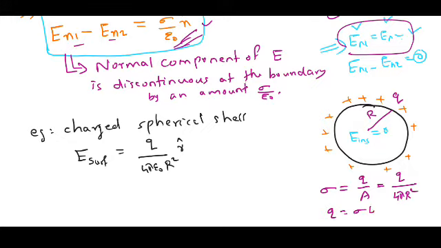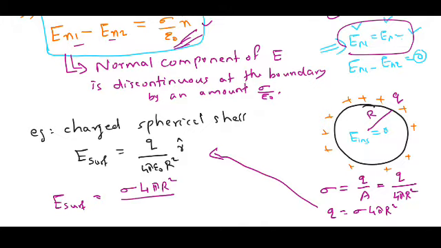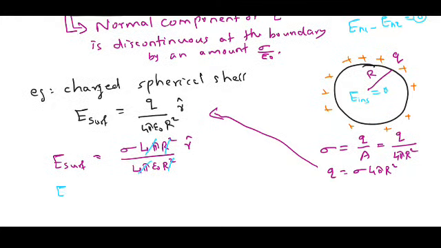If I substitute this Q here, E surface can be written as sigma 4 pi r square divided by 4 pi epsilon 0 r square r cap. Here the 4 pi r square got cancelled. E surface will be equal to sigma divided by epsilon 0 r cap.